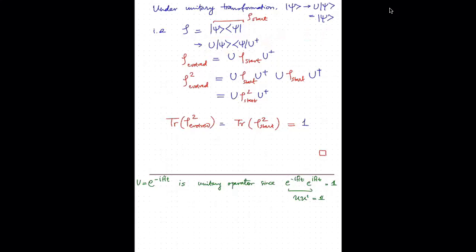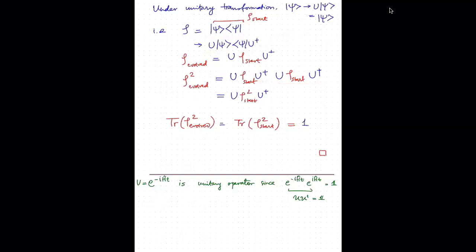Now this means that rho evolved is just given by U times rho start, the density matrix we started with, and then U dagger. Now if we square this, we get U rho start U dagger, and then the same thing again.